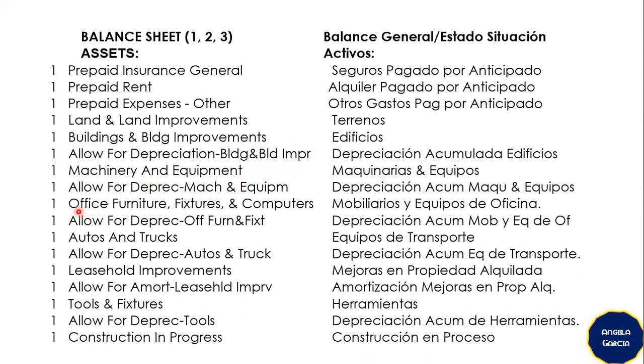Also, for fixed assets, you have office furniture, fixtures, and computers. You can segregate them and have two accounts instead of one. You can have one account for office furniture and fixtures, and another account for computers, if you want to.